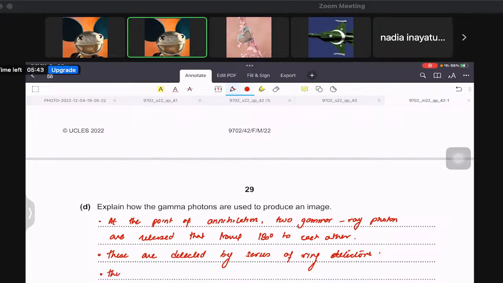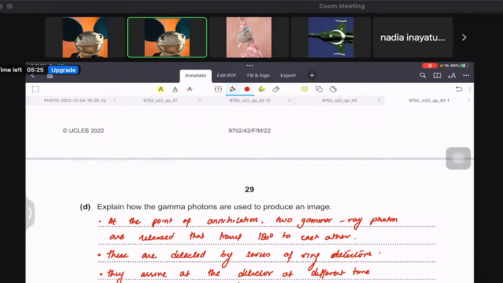They arrive at the detectors at different times due to their position.